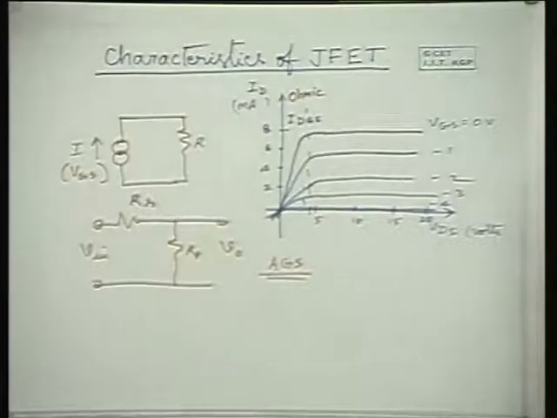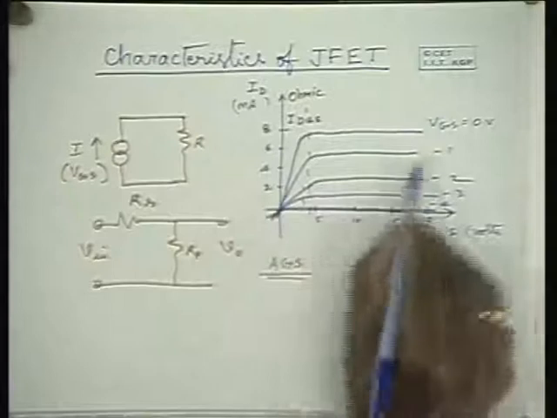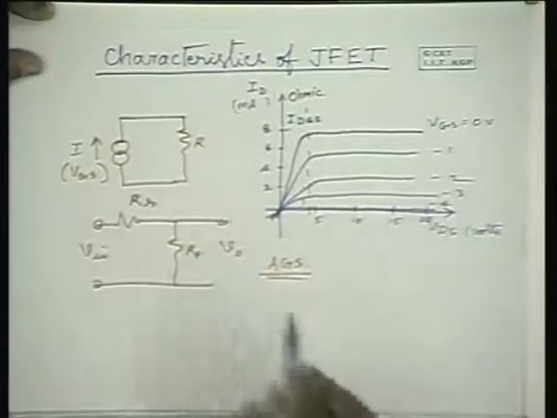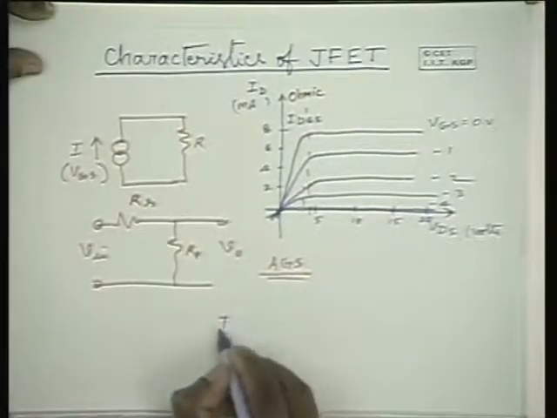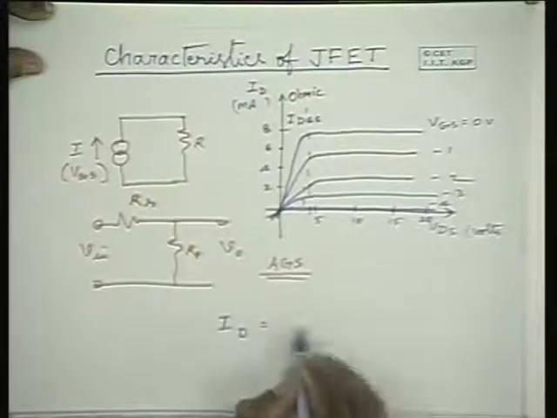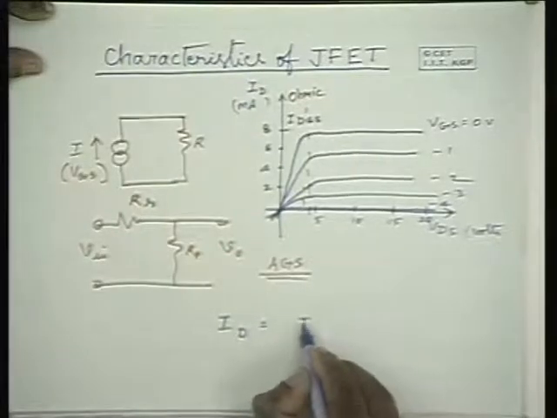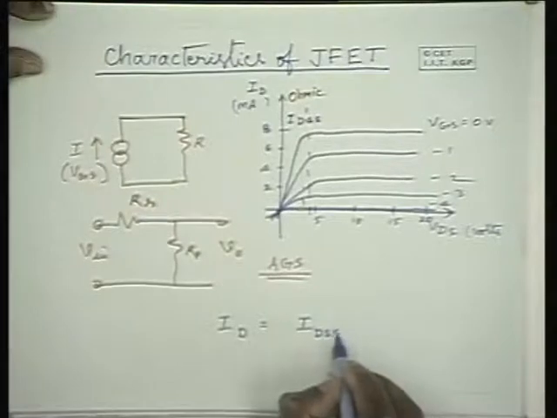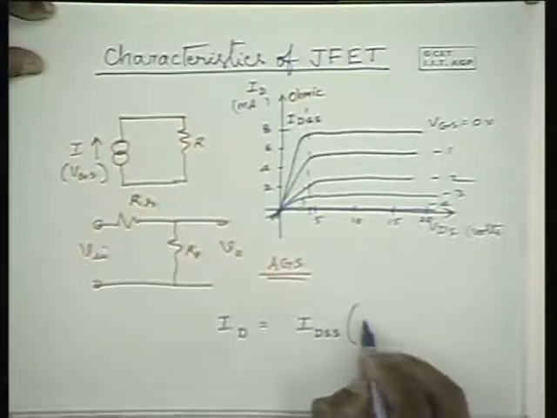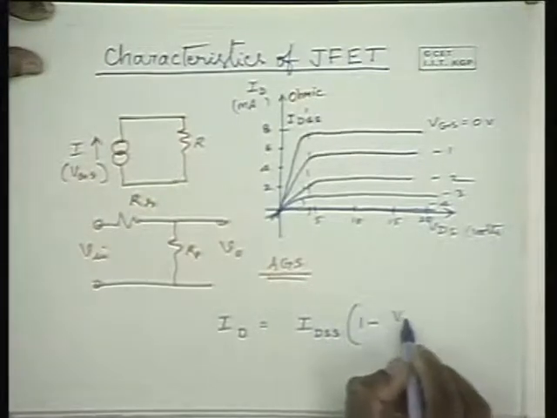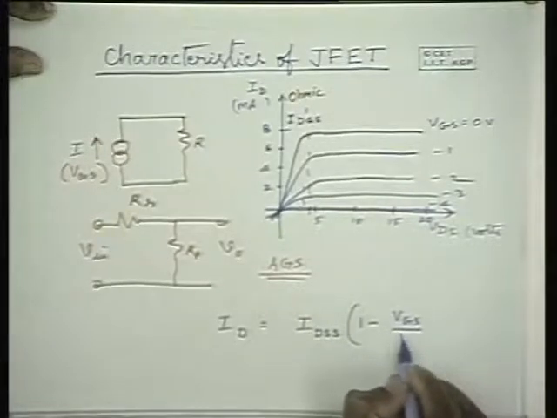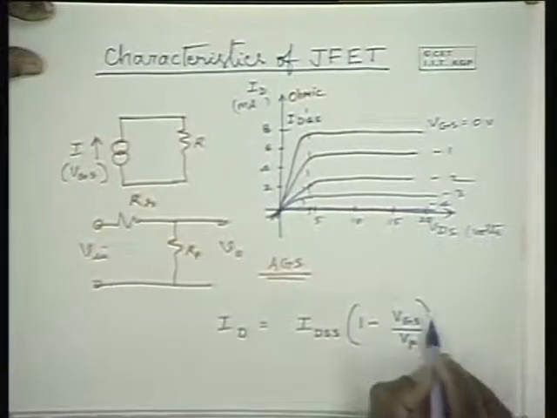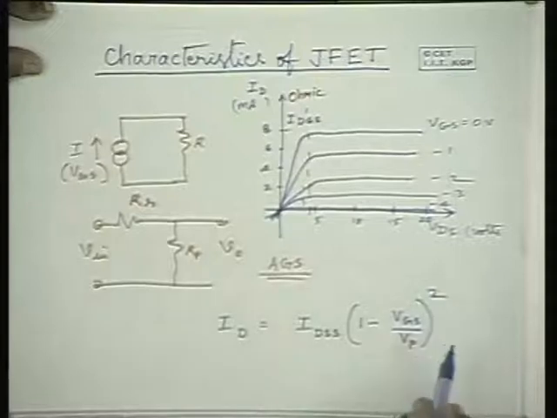Now, how this drain current depends on VGS. It can be shown that the drain current depends on the VGS according to this expression. It is IDSS into 1 minus VGS by VP whole square.